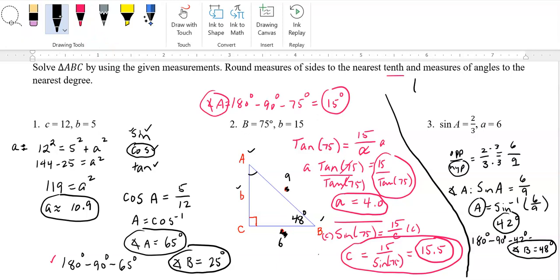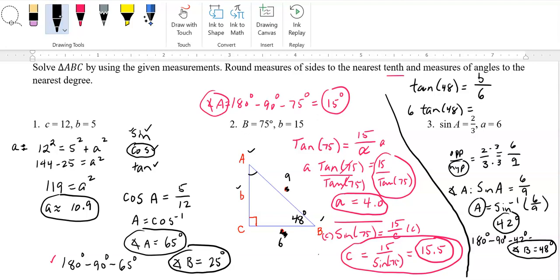We'll just come up here. So tangent 48 degrees is the opposite side divided by the adjacent side. And then to solve for B, I'm just going to multiply by 6 on both sides.